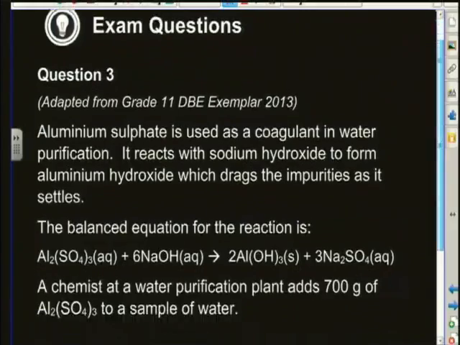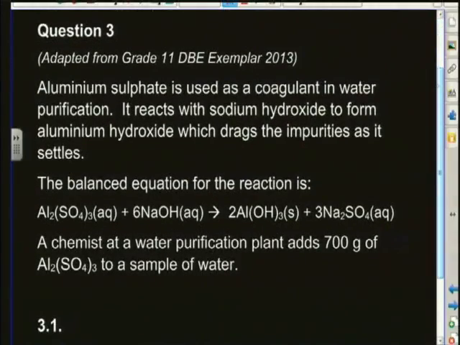So, the question says, aluminium sulfate is used as a coagulant in water purification. Now, first of all, if you don't know what coagulant means, it really doesn't matter. But essentially what that means is it makes all the solids come together, okay? It takes all the solids out, essentially.